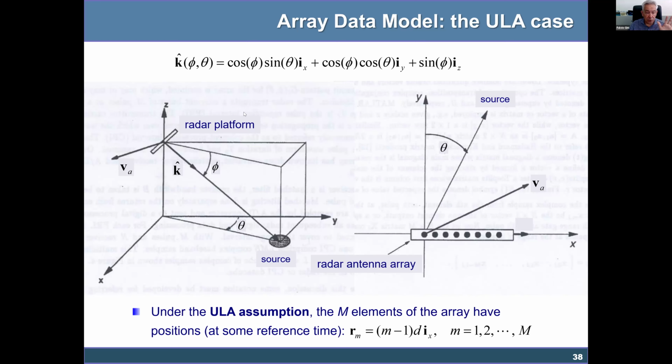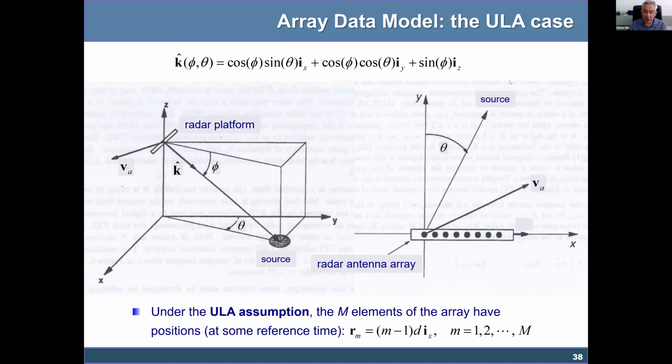So if you watch the geometry from above, let's assume that the array is Euler aligned along x, and the array can even move, and this vector is the velocity vector.